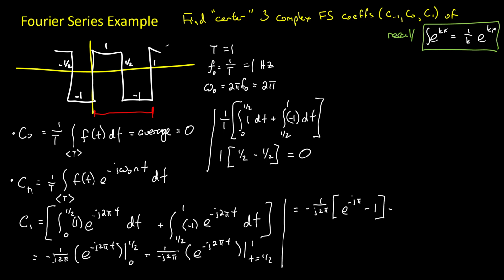And let's see, I'm going to take minus and minus, which is plus, 1 over j 2 pi. And when we plug in our 1 here, we'll get e to the minus j 2 pi minus what it is with 1/2 for t, which would be e to the minus j pi.